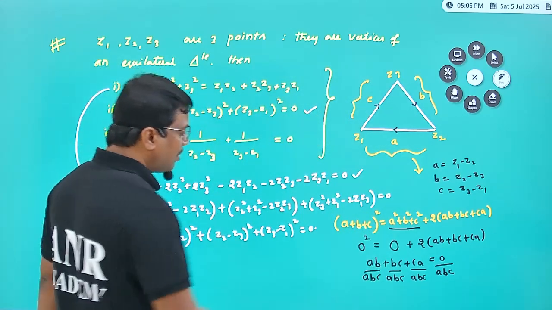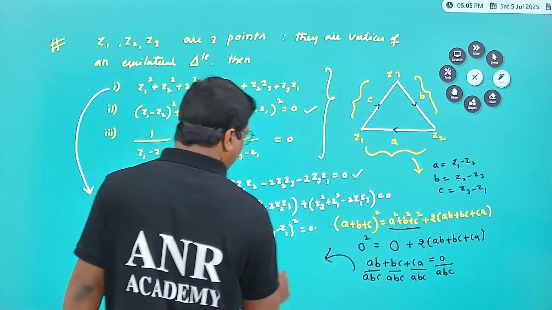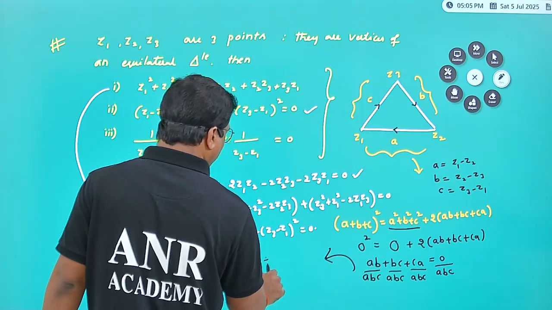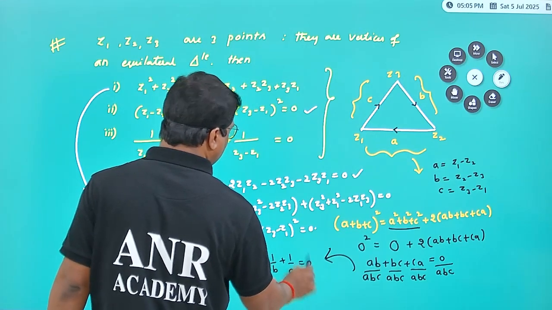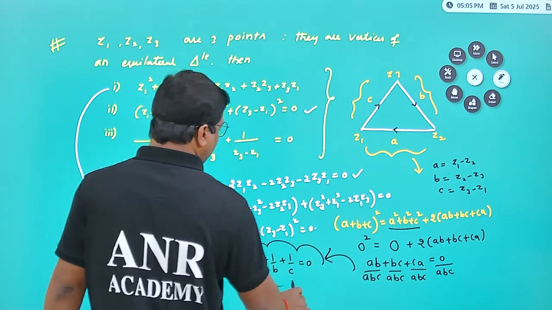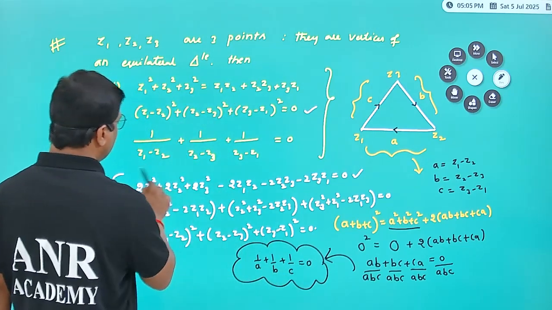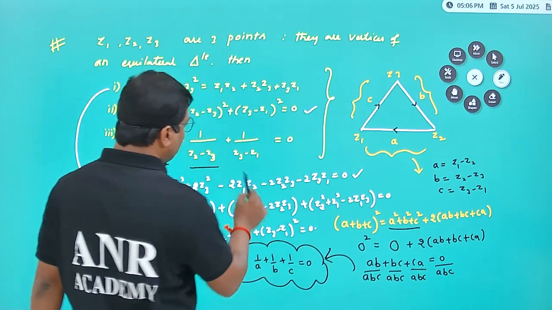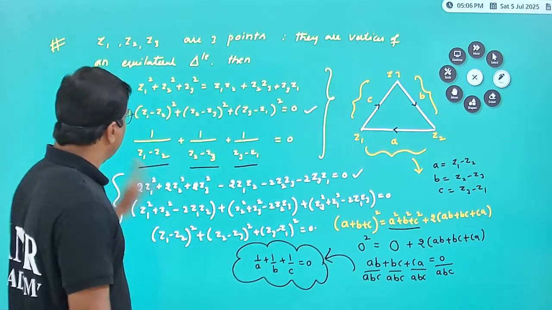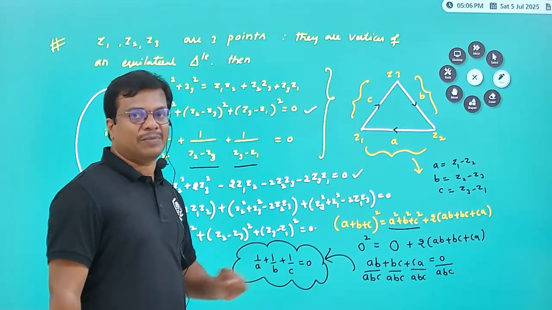Now simplify this. What happens? You will get 1 by a plus 1 by b plus 1 by c equal to 0. Our assumption A, B, C clearly A is nothing but Z1 minus Z2, B is nothing but Z2 minus Z3, and C is nothing but Z3 minus Z1, and hence the third result also true from this.